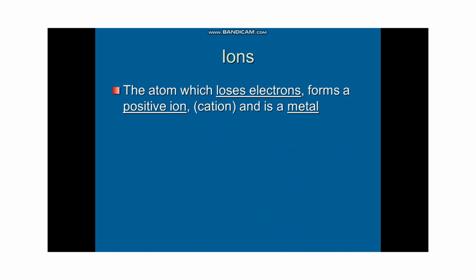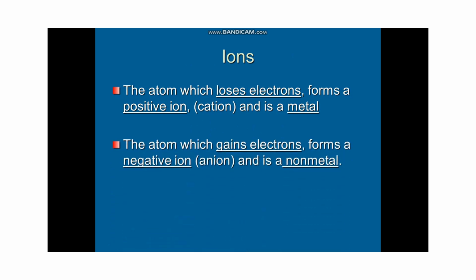Always we see that the left side of the periodic table denotes the metals, the alkali metals or alkaline earth metals, and they form cations, meaning positive ions, because they lose electrons, right? And all the elements on the right side of the periodic table are non-metals because they always gain electrons, and when they gain electrons they become negative ions, and that negative ion is called an anion and the positive ion is called a cation.